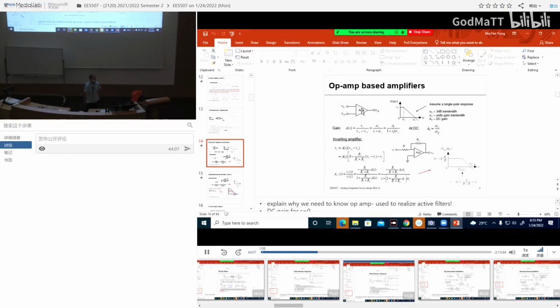Just use the op-amp. Is that a good idea? Come, decide. Is that a good idea? Just use the op-amp. Why must we use the op-amp based amplifier?